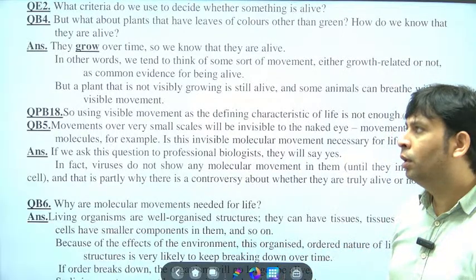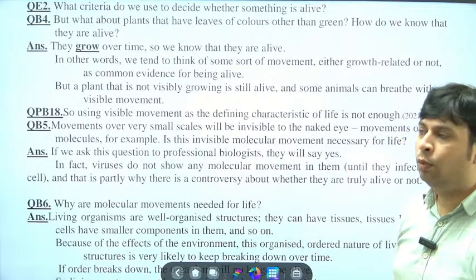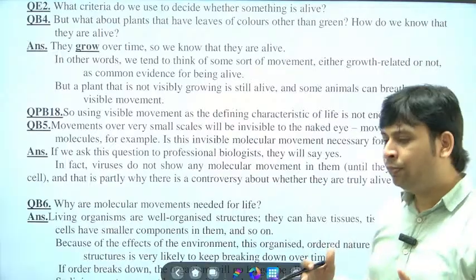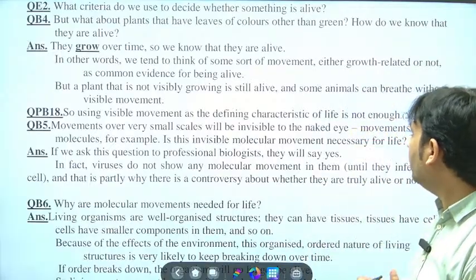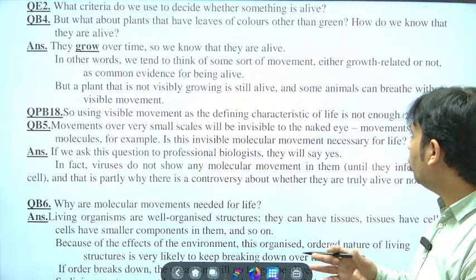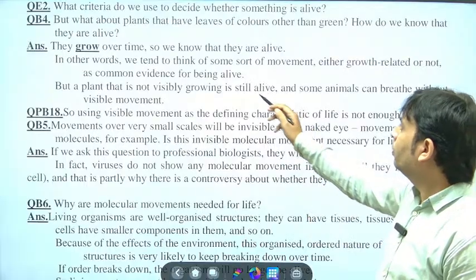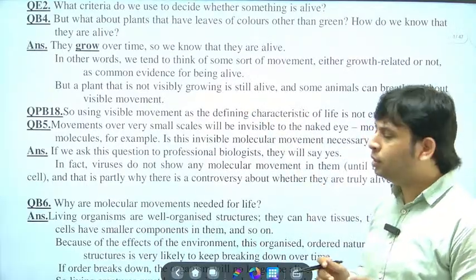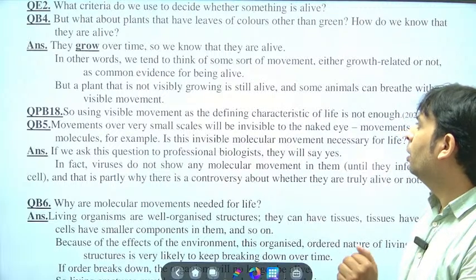This is growth. So the first indication of life is growth. When we see growth in any organism, we can say that it is living. In other words, growth is a common evidence for being alive.